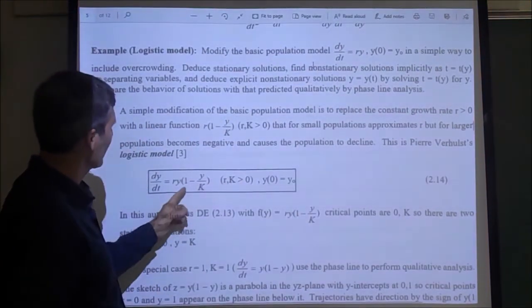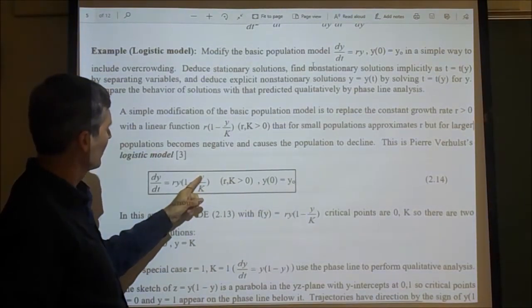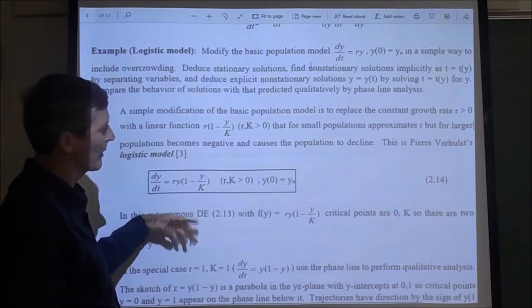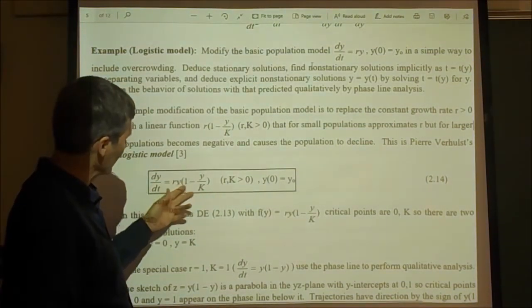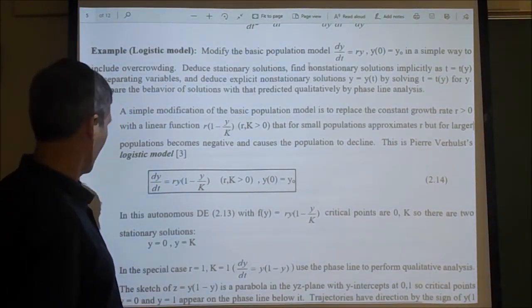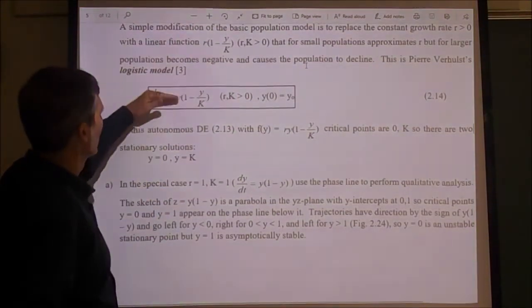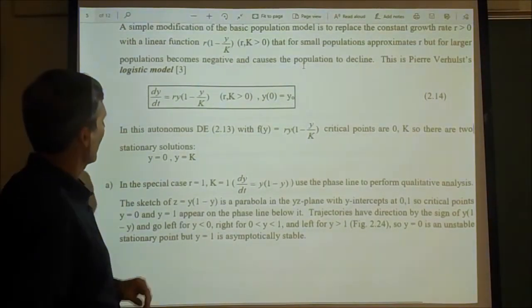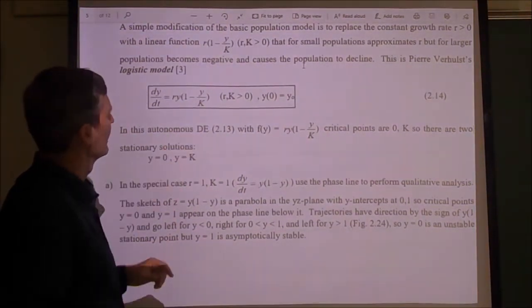So what happens now is if y gets to be greater than k, then you'll get negative slopes here, and if y is less than k, but greater than 0 for population, then you'll get positive slopes. So the population will tend to increase to a stable level at k, which is actually a critical point.